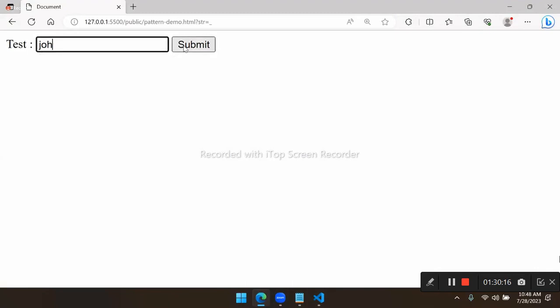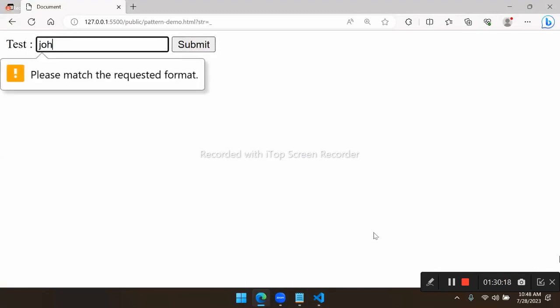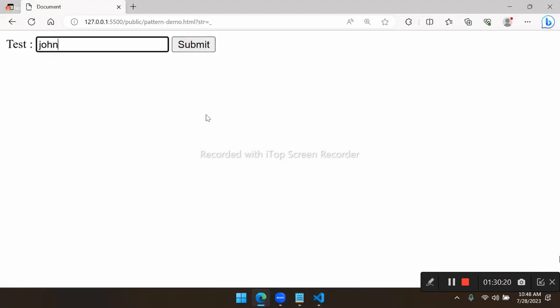Why not allowed? Because minimum 4. John, it is allowed, you can submit it. I entered John123, is it allowed? Yes, it will allow. I entered 123John, is it allowed? It is also allowed.